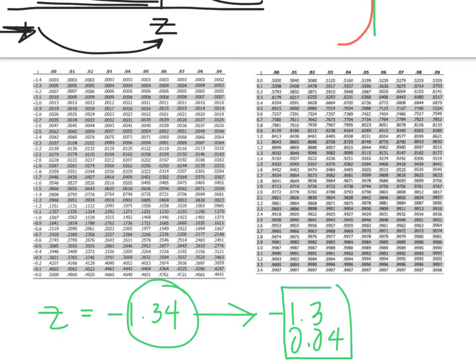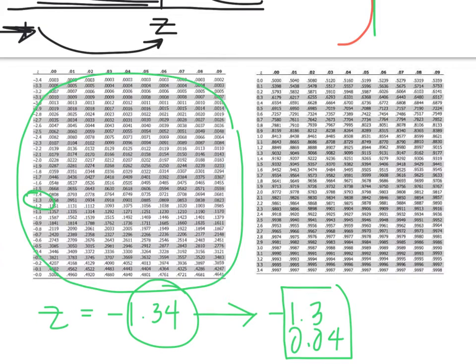Okay, so the numbers that you can see here are all the probabilities that you can consider depending on the z-score or the z-value. So if z is negative 1.34, again, the first thing we have to do is to use this version because it covers the negative z-scores. First, you locate negative 1.3 on the first column, and it is located here.